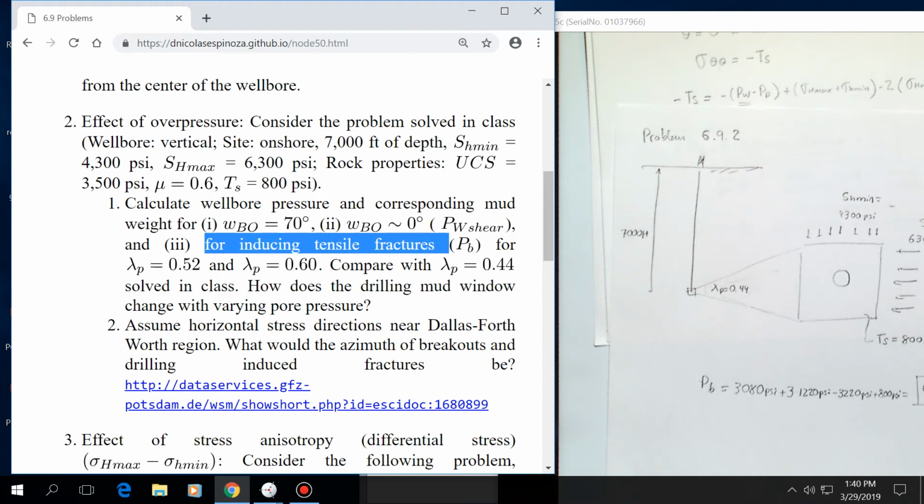Something that we're going to see later on also is that when you have higher pore pressure for the same conditions, the drilling window or the mud window gets smaller. And usually for drilling, you want your mud window to be as wide as possible because that gives you more freedom to put long casings instead of setting many casing depths. But we'll see that later on.